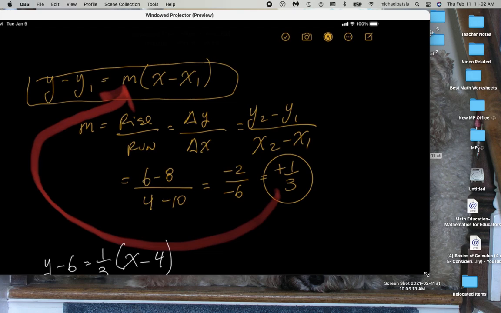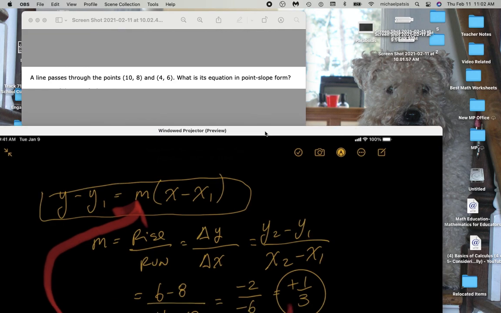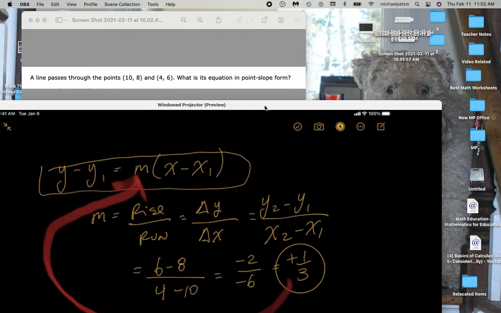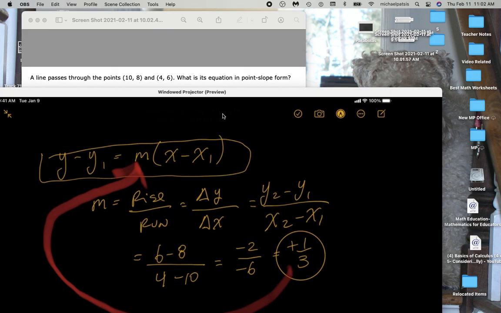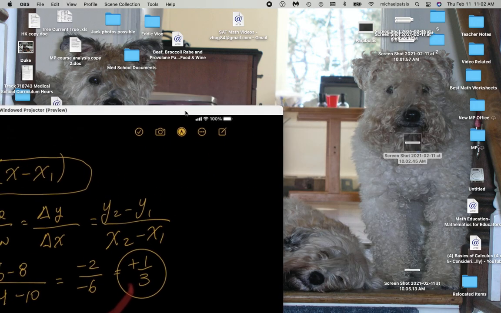Sorry, you can't see that. That is your point slope form given 2 points, and that's it. Again, that's the benefit of the point slope formula. You can get your equation quickly. Okay, I think there's one more of these. Do it quickly.